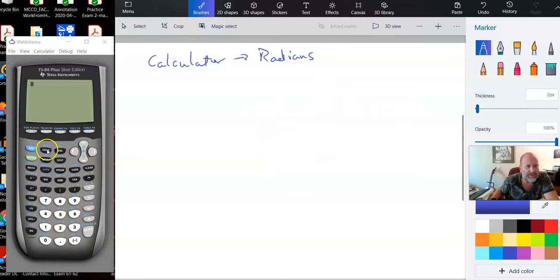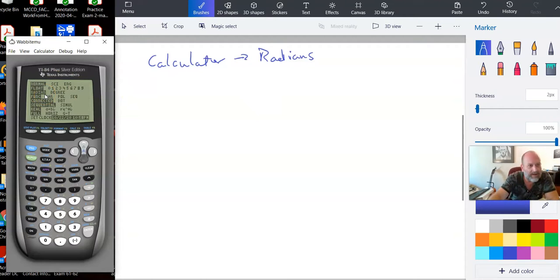So what you need to do is start by hitting mode. Now look here, if I go down to the third thing, it says radian, and that's degrees. So right now it's in degree mode, and now I've just changed it back to radians. Basically you just put the cursor on it and then select.